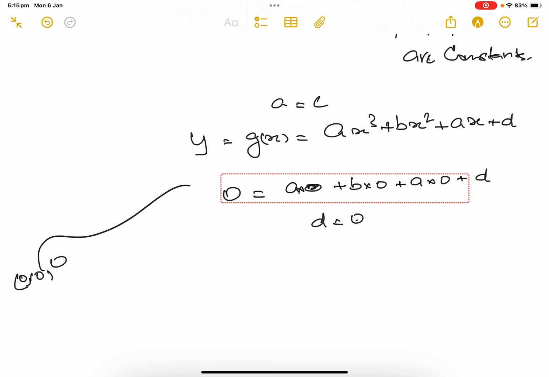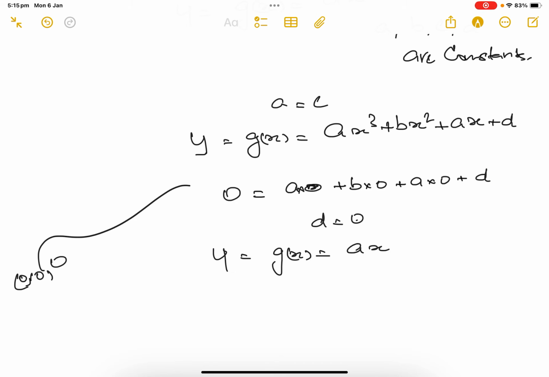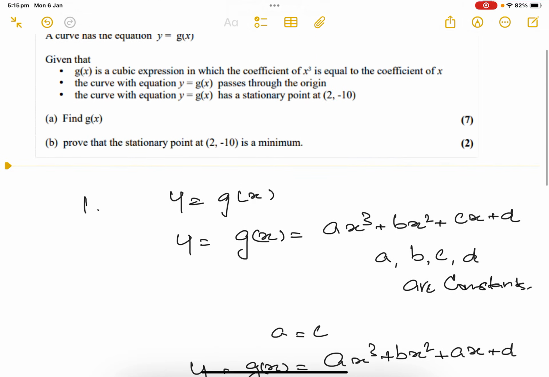Therefore d equals 0. Now the equation is simplified: g(x) equals ax cubed plus bx squared plus ax, since d is 0. So now we're down to only two constants, a and b.